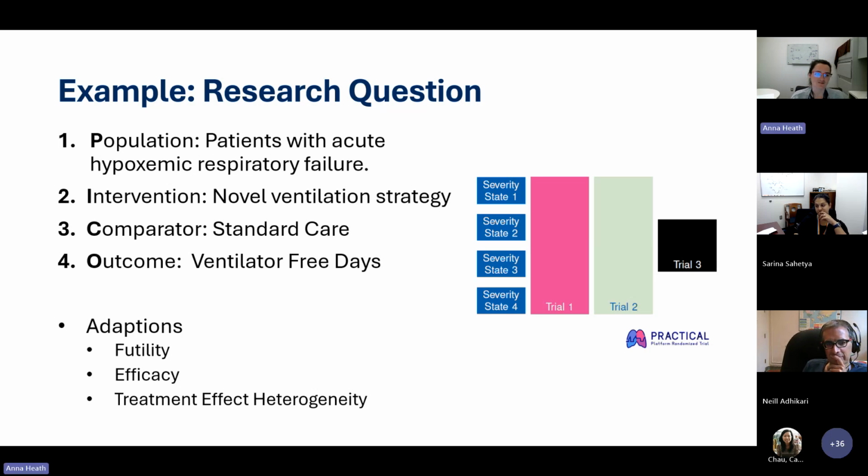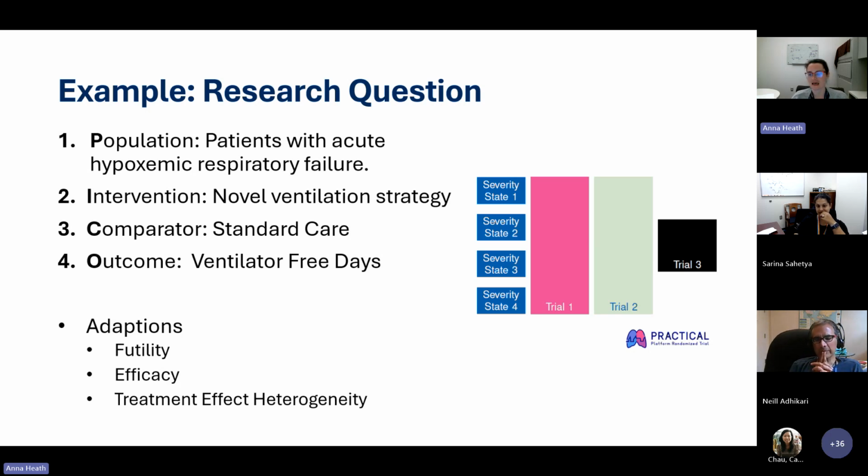We wanted to have these 3 adaptations, mostly for futility and efficacy, or futility and superiority, but we also allow ourselves to adapt for treatment effect heterogeneity. In particular, we're looking at pre-specified heterogeneity. I'm going to focus the design here on this trial 3. So we have patients in 2 different severity states, and we're going to make decisions separately for each severity state.